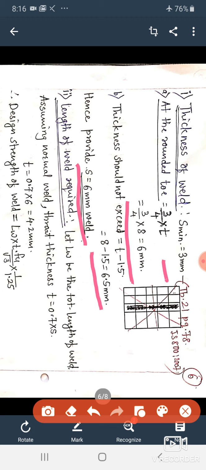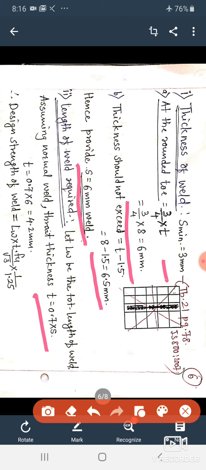Now the length of weld required. Let Lw be the total length of weld required. So assuming normal weld, throat thickness t is equal to 0.7 times the size of weld.